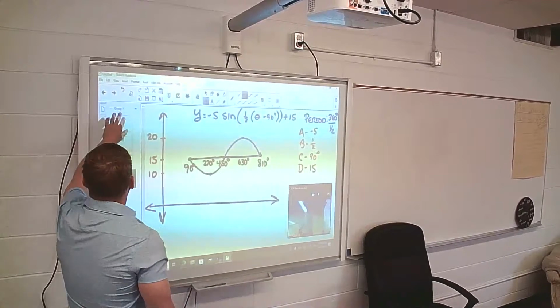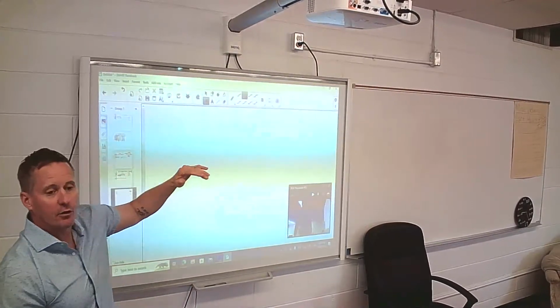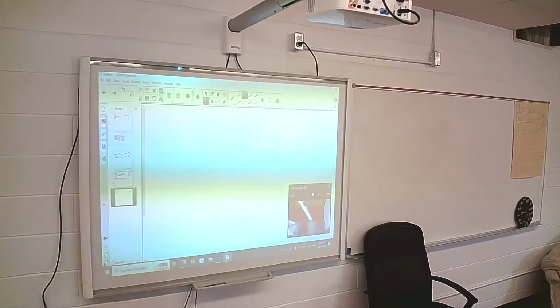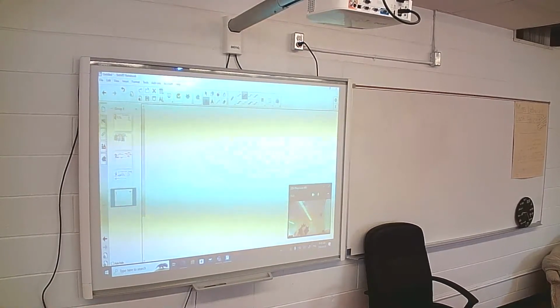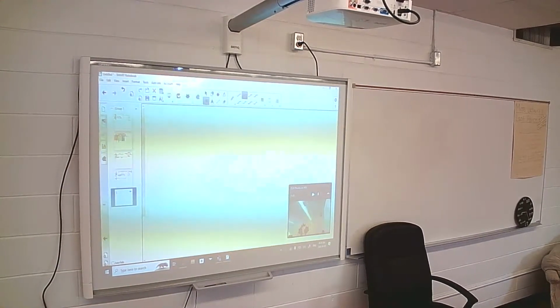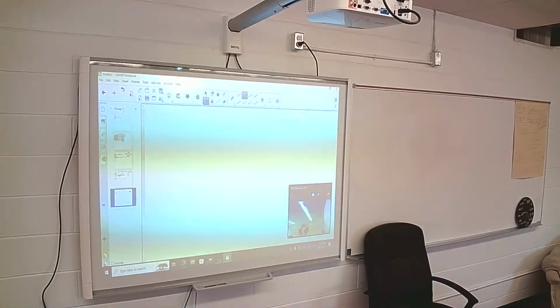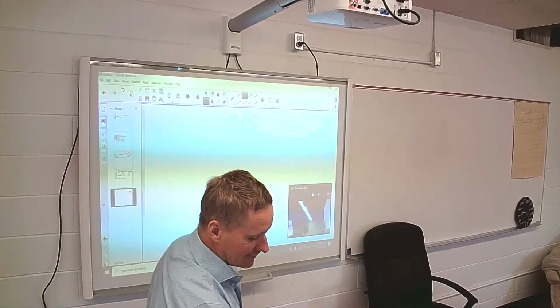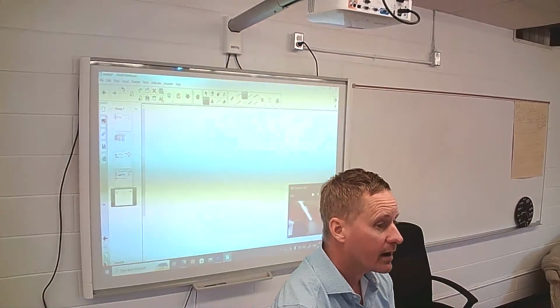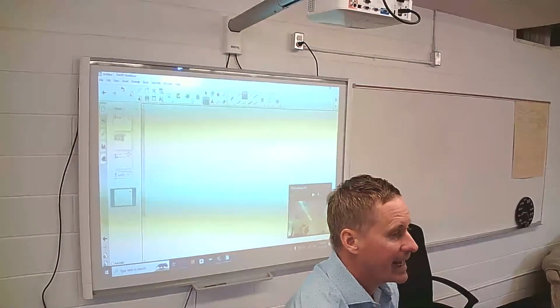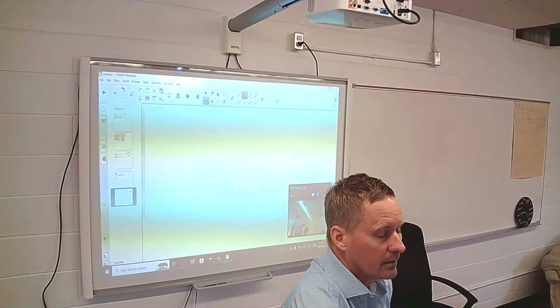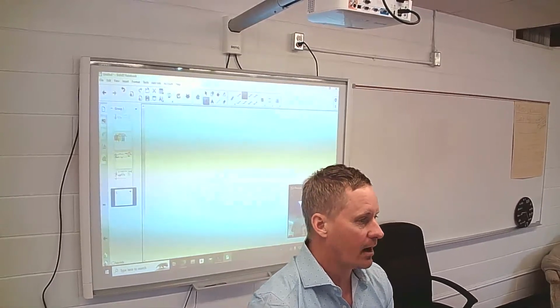I'm going to do my cos graph using that method first, and then I'll do the method that you're used to. Again, I think this is way quicker, and probably less chance of you making an error on it. But you've got to remember how to do the steps properly.